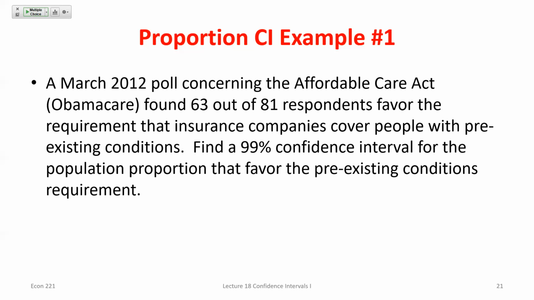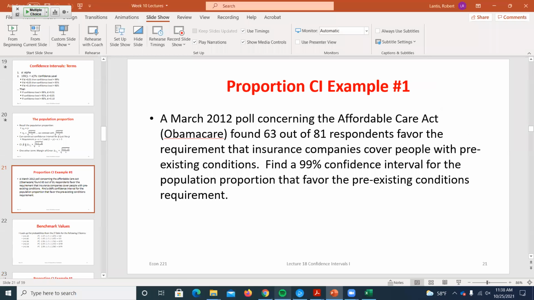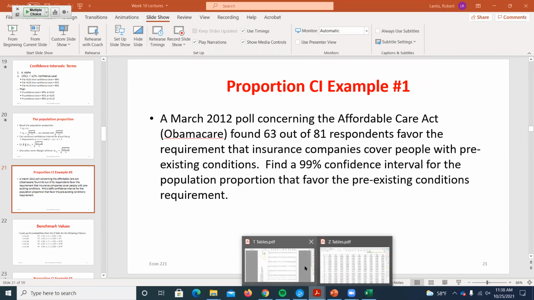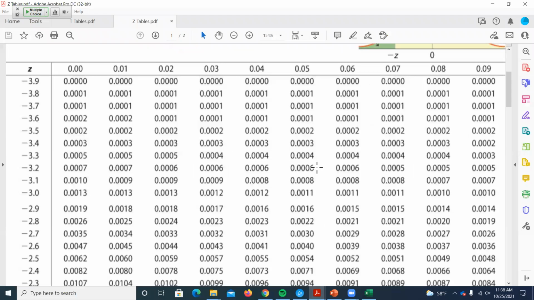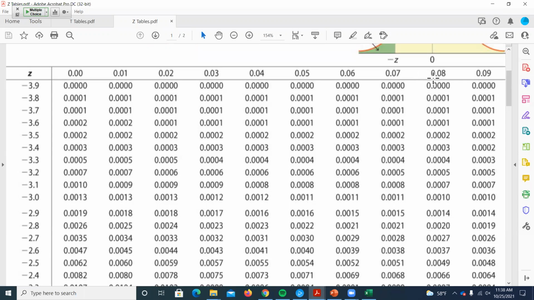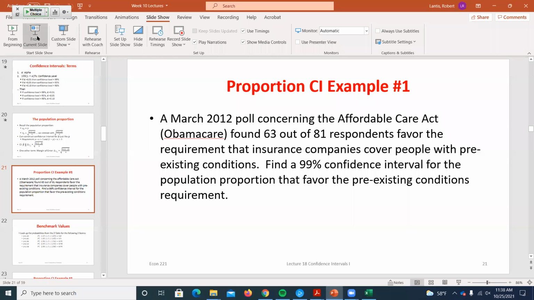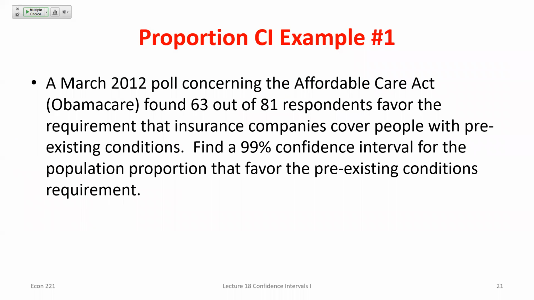I go to my table, I try to find the probability that's closest to 0.005. Let me see. It looks like it's in between these two, negative 2.57 and negative 2.58. We'll use the larger of the two here, so negative 2.58, but also remembering that the positive-negative sign is already built into my confidence interval equation, so just 2.58.